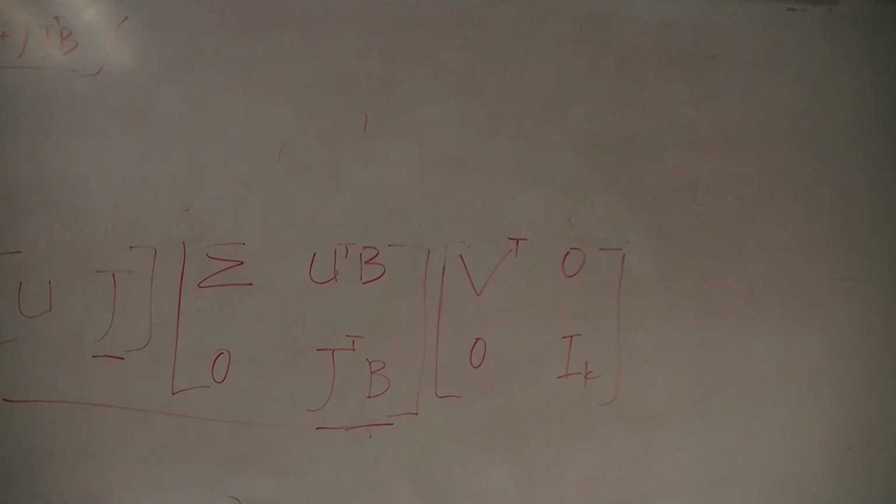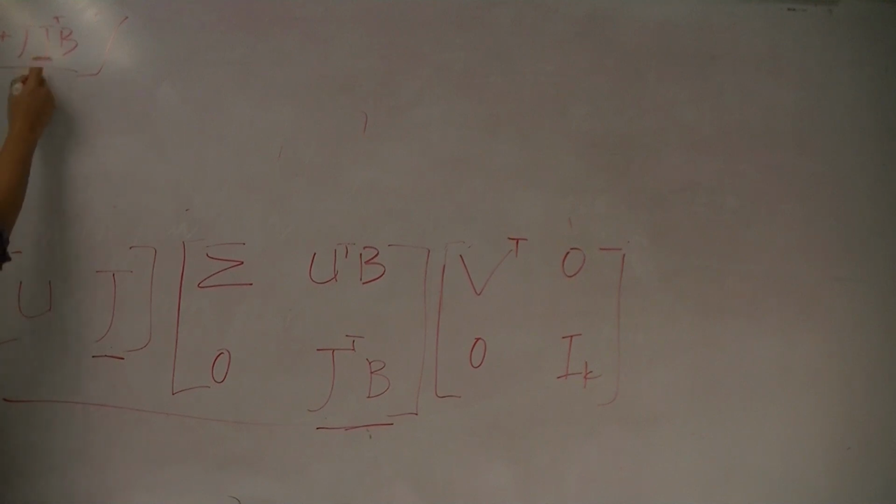Just keep in mind that this A matrix is just a singular value decomposition of A. We already did this offline. And this one is also normal, this is also a normal vector.